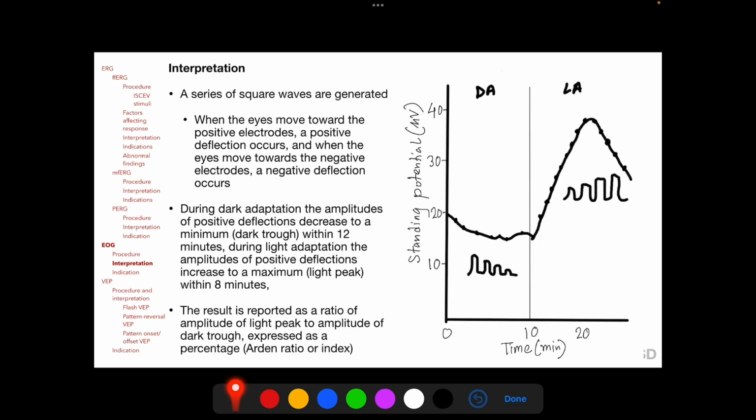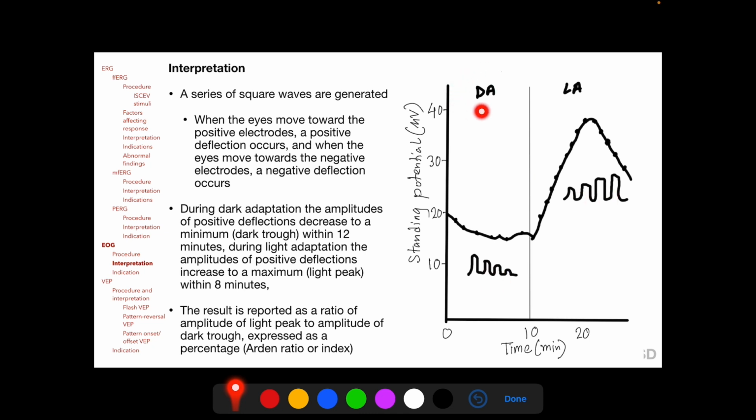The response in electro-oculography is a series of square waves, and when the eyes move towards the positive electrodes, a positive deflection occurs, and when the eyes move towards the negative electrodes, a negative deflection occurs.